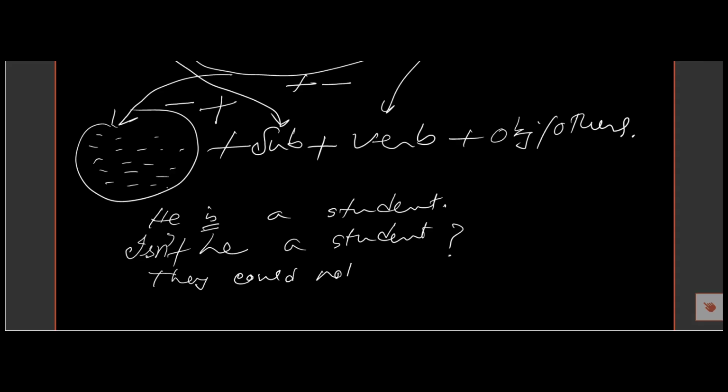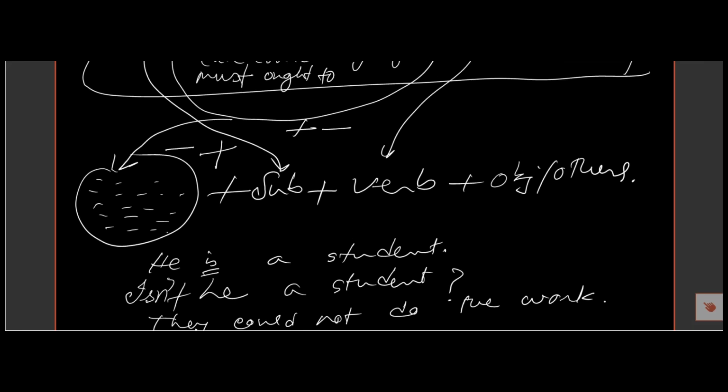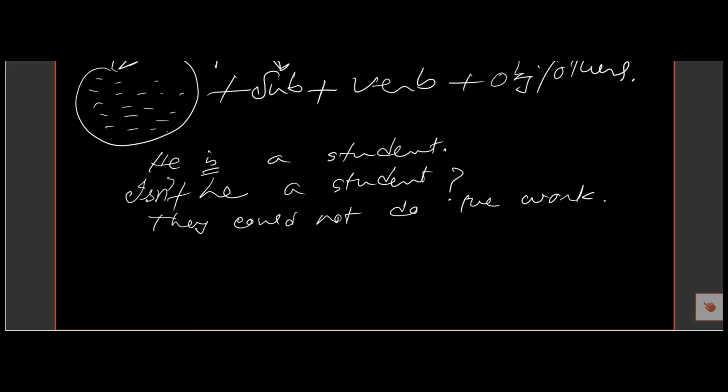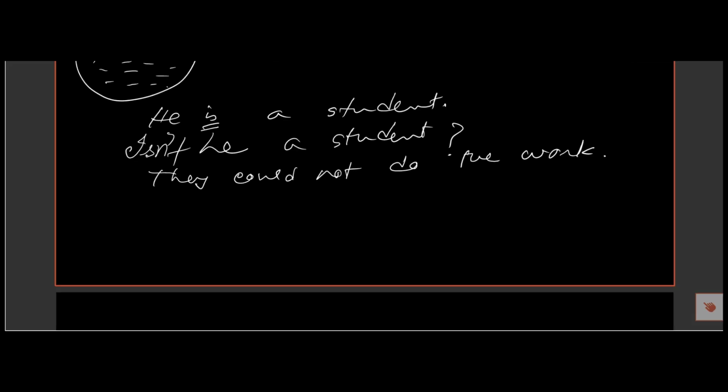Another example: they could not do the work. So here there is "could" and there is also "not", so it is negative, so it will be affirmative.